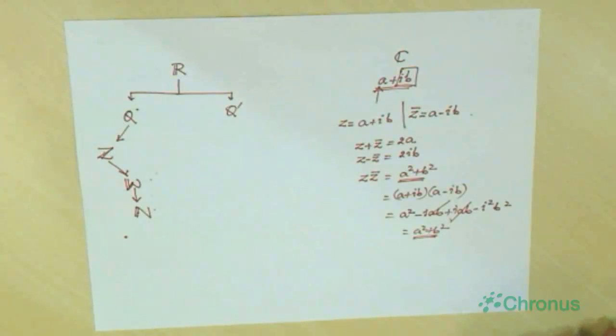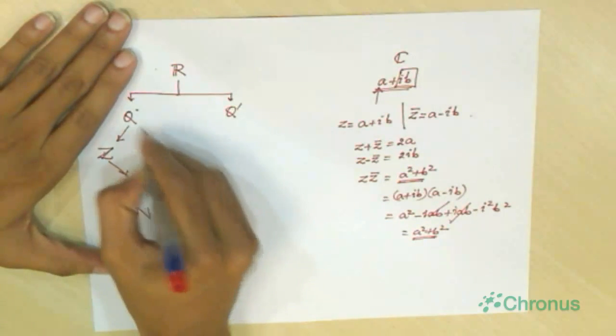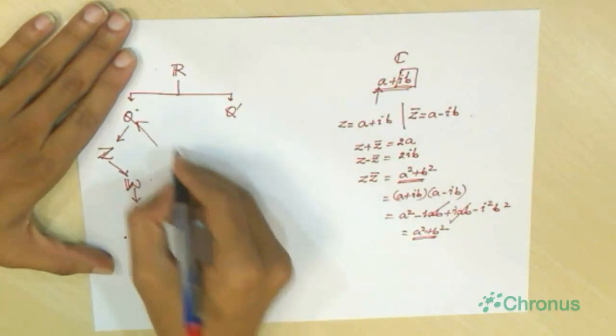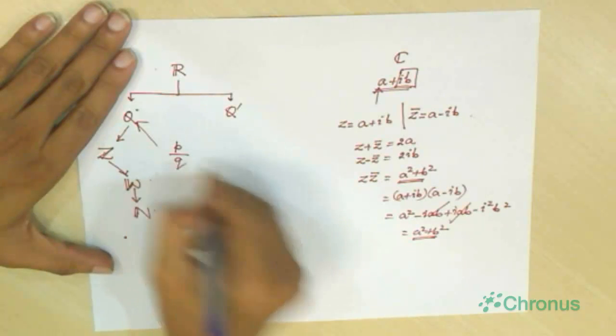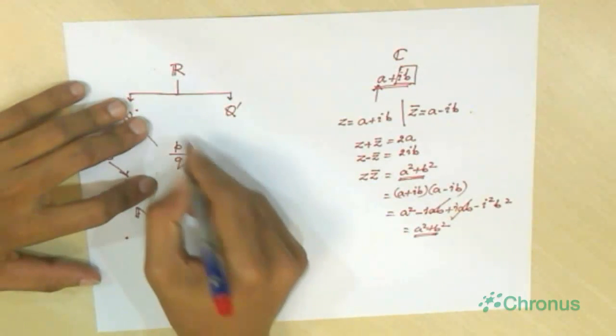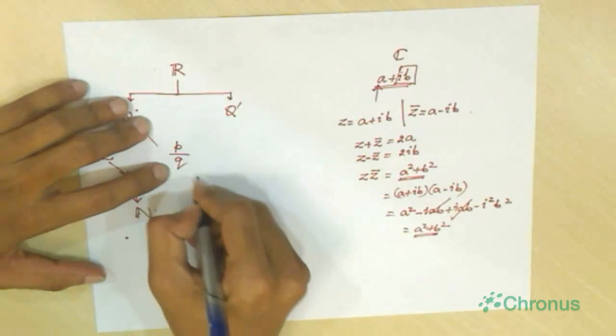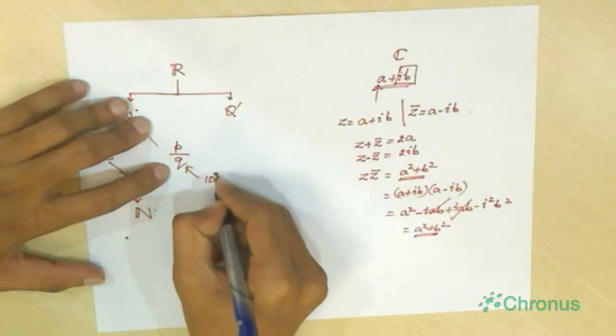And next we will look into fractions. So I told you a rational number is any number which can be expressed in the form of p by q. So that's something which we call fractions. A fraction is called a decimal fraction when the denominator is a power of 10.